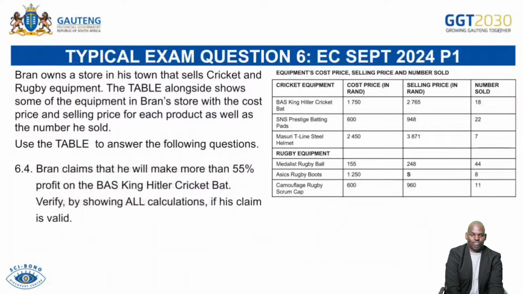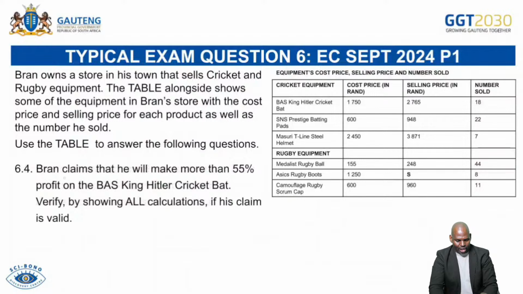Right, then number 6.4. Brand claims that he will make more than 55% profit on the BAS King cricket bat. Verify by showing all calculations if his claim is valid. Okay. So now in this case, we'll make more than 55% profit.